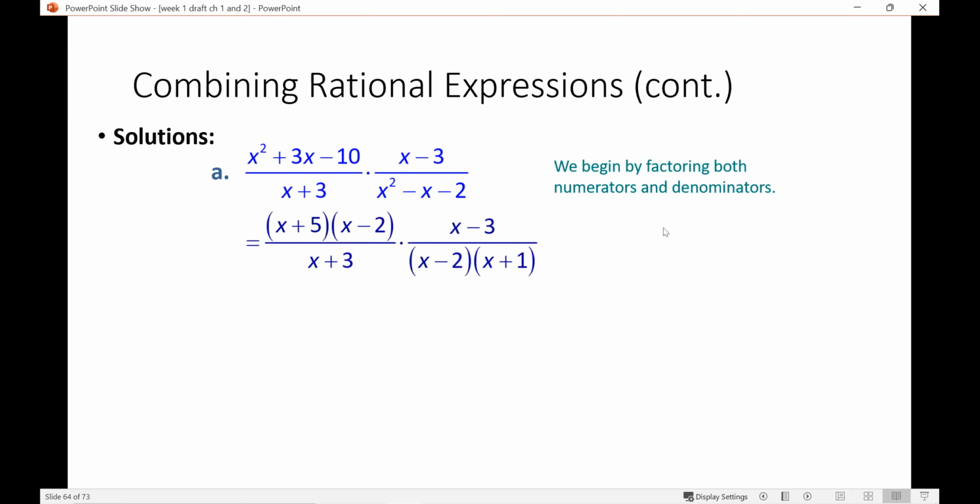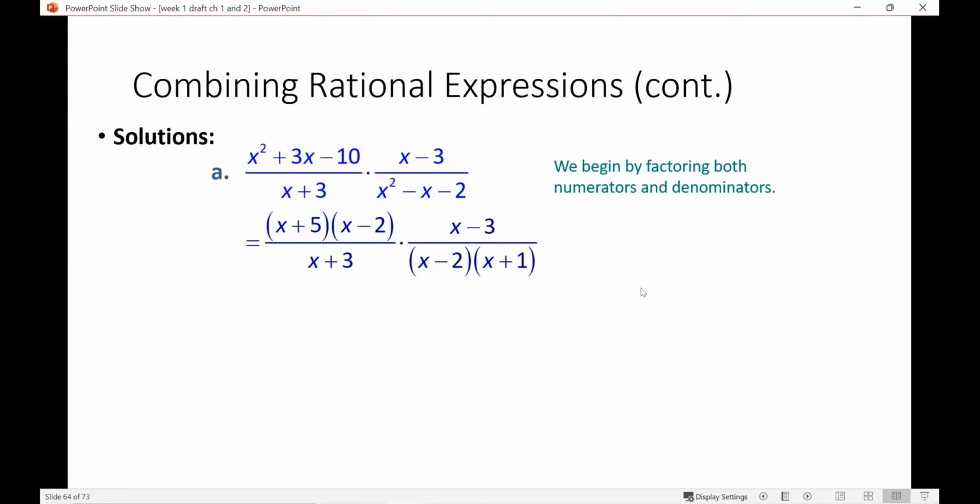So we factor first, and if you want to, you can really see this as all one fraction at this point in time. You can connect this fraction bar, put parentheses around the x minus 3 and the x plus 3, and just see this as all one fraction. Really, to multiply these two fractions, we just need the parentheses and to combine it into one fraction. And then we've multiplied it, we just haven't simplified it.